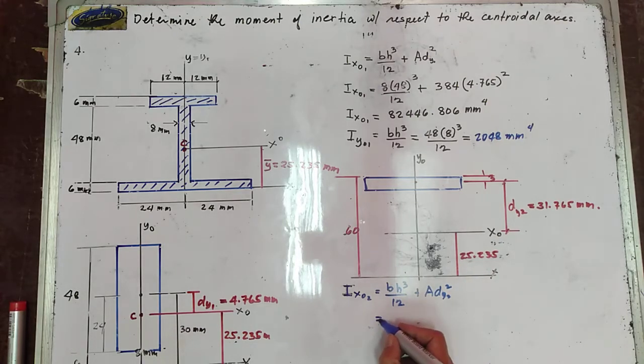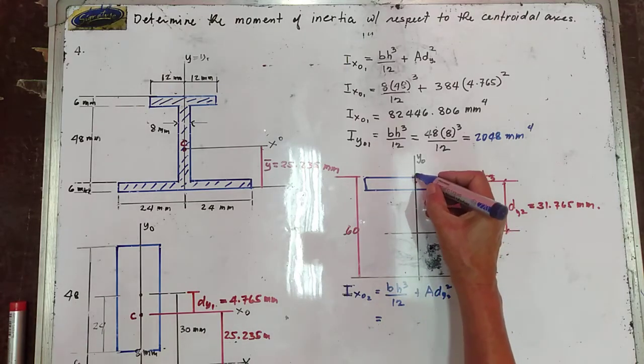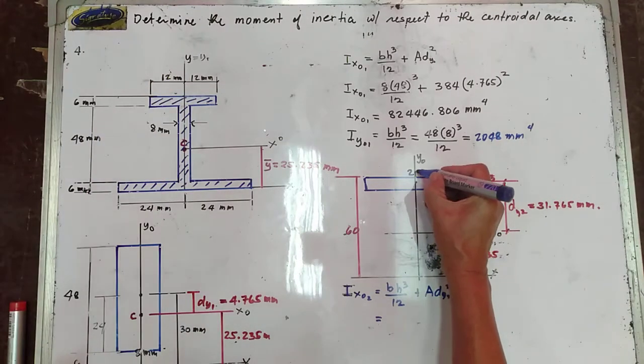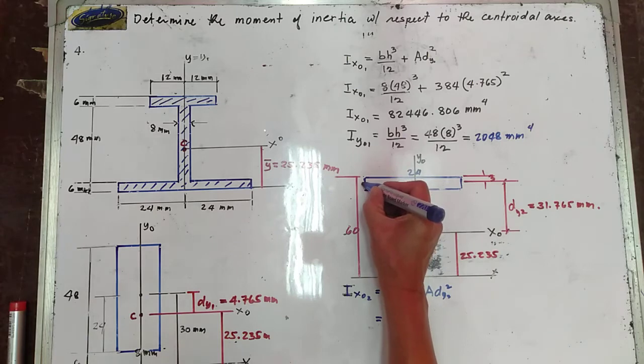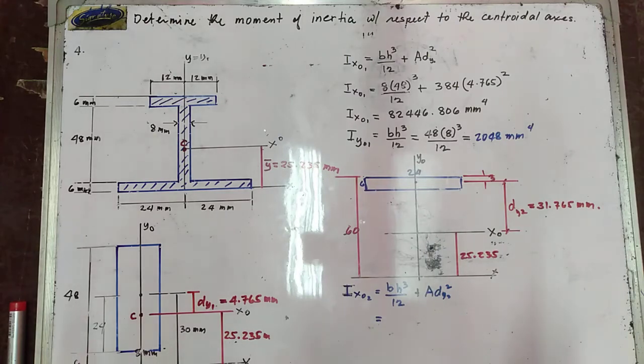Our b in here is 24, and the thickness in here is 6 millimeter.